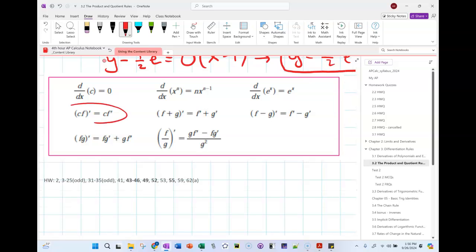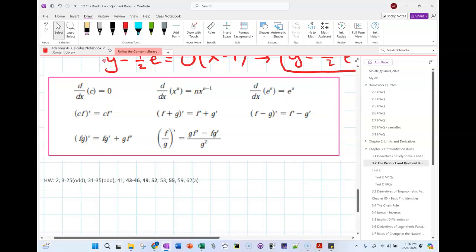That's what this one is saying. That the derivative distributes across either addition or subtraction. Then this is the product rule and the quotient rule, just simplified down to an easier looking, more compact statement. But that's the gist of it.